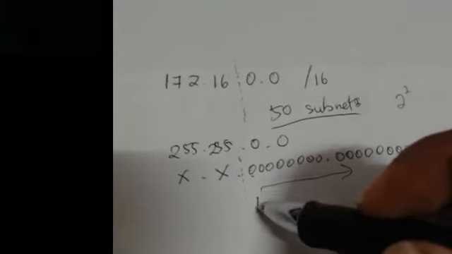I'm borrowing, turning those zeros into ones. Think 3, 4, 5, 6. 6 would be enough. 2 raised to the power 6 is equal to 64. If we go to 7, we're going to go beyond, to 128, which is not what we want.